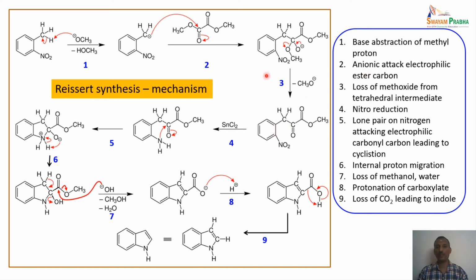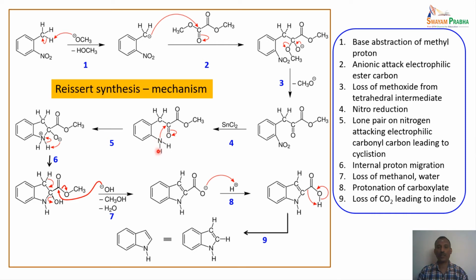So in the second step, what we say is basically the anionic attack on this electrophilic ester carbon happens, and the loss of methoxide from this particular tetrahedral intermediate leads to our intermediate as shown here. The nitro reduction is the next step, which is very crucial, because this nitro reduction actually creates the nucleophilic reagent for this particular cyclization.